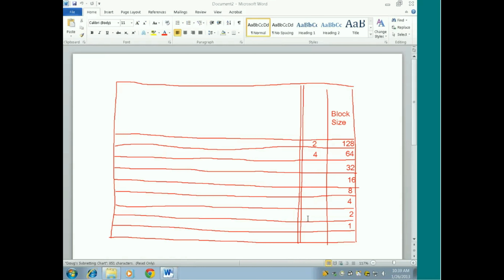Notice that I start at 2 here. I didn't start at 1. These are different values.